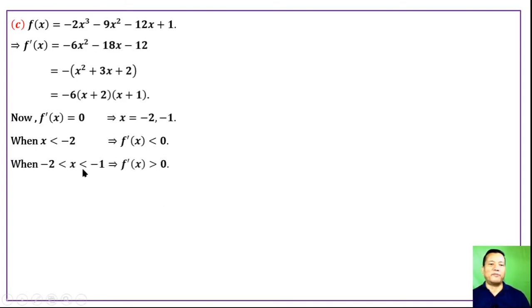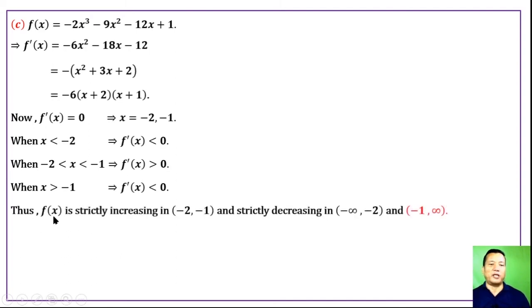When x is lying between minus 2 and minus 1, the sign of f dash x is always positive. When x is greater than minus 1, the sign of f dash x is always negative. From these three cases, we conclude that f of x is strictly increasing in open interval minus 2 minus 1 and strictly decreasing in open interval minus infinity minus 2 and minus 1 plus infinity.